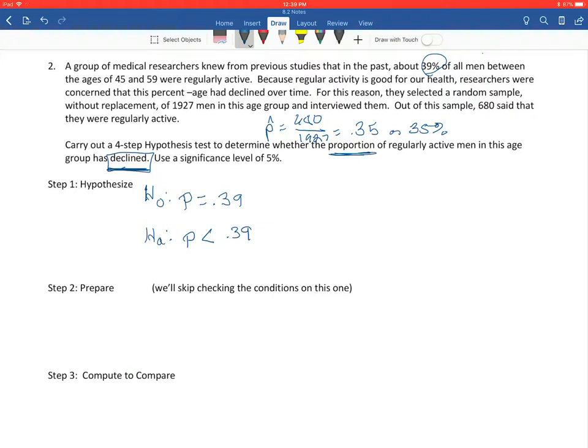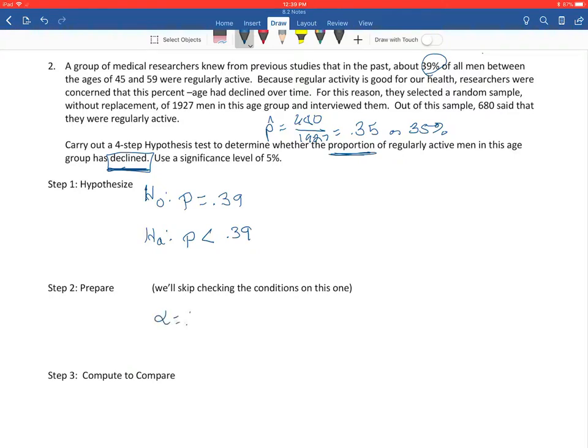So basically what the hypothesis test is going to allow us to do is to decide, well, was that a big enough difference that we can claim, yes, this percentage is going down? Or was the fact that the percentage came back a little bit lower just due to the random sampling process? If we did it again, would we expect to get something closer to the 39%? That's what the hypothesis test does for us.